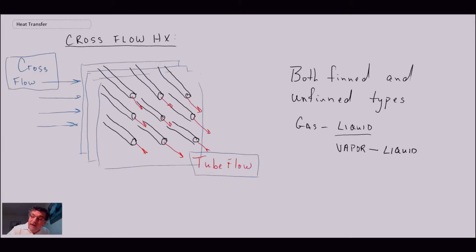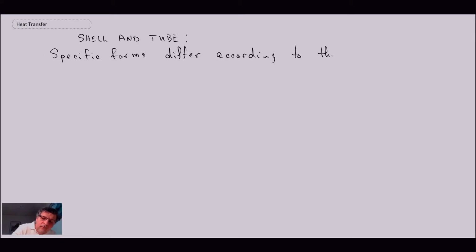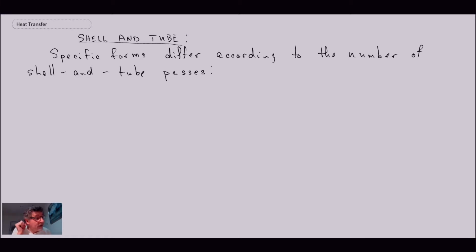And then the next type of heat exchanger that we're going to look at, these are heavier units that are used in many industrial applications, but these are shell and tube heat exchangers. So let's take a look. Now the arrangement is going to depend upon how many shell and tube passes you actually have.